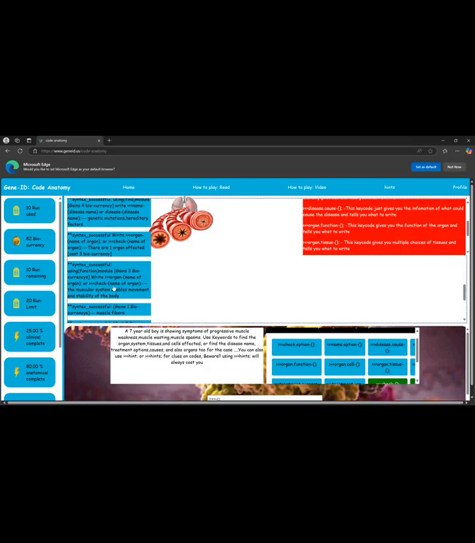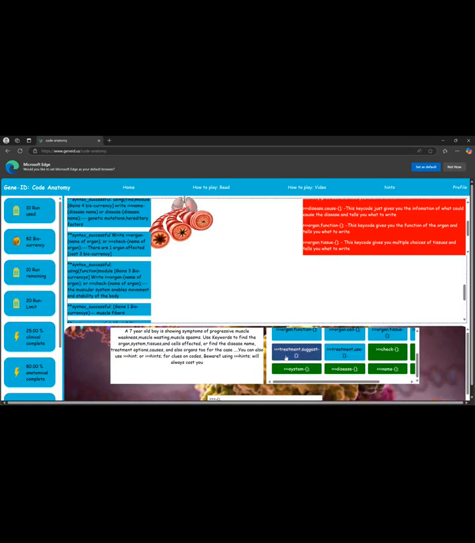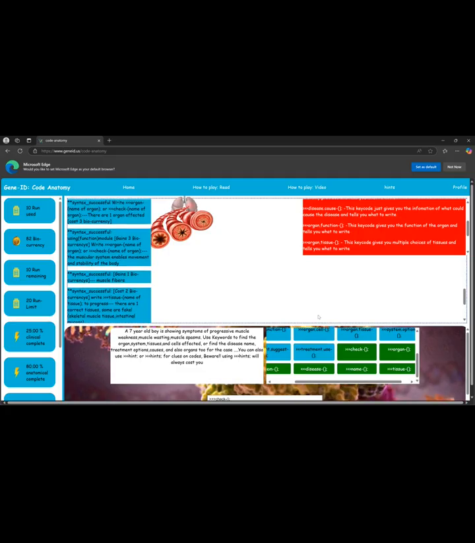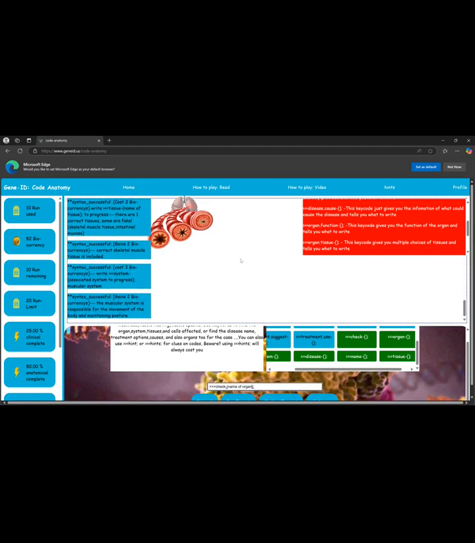Oh, check name of organ. Let's see. Wait, we can actually check. Oh, okay. Name of organ. Beautiful. I didn't know we could do that. Let's see, people.